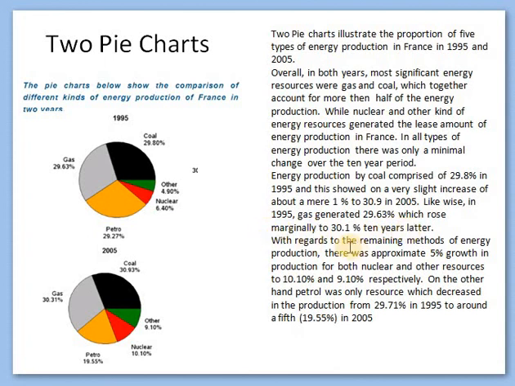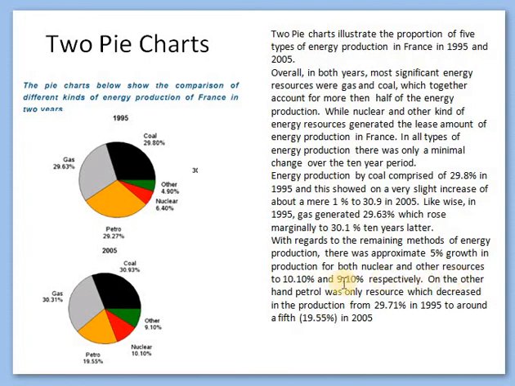With regard to the remaining methods of energy production, there was approximately 5% growth in the production of both nuclear and other resources to 10.10% and 9.10% respectively. So other resources are 9.10% and nuclear is 10.10%. They rose almost 5% because here it's 4.9 to 9 point something and 6 to 10, almost 5%.